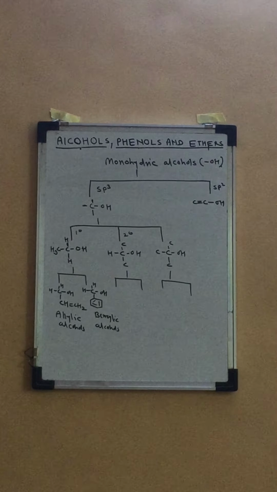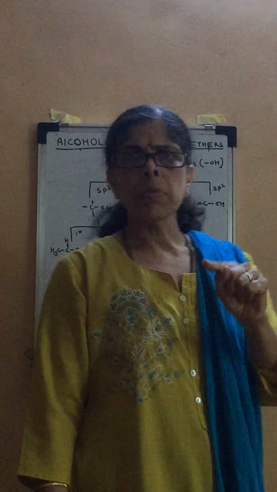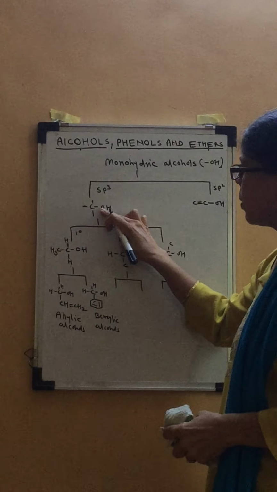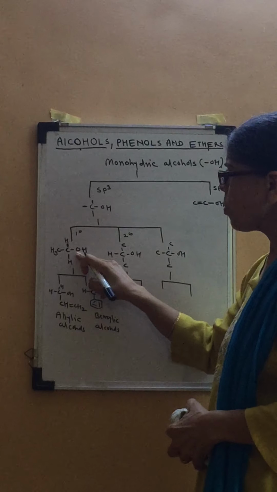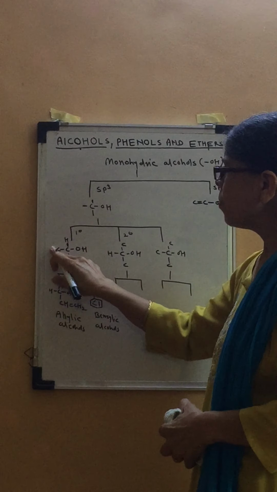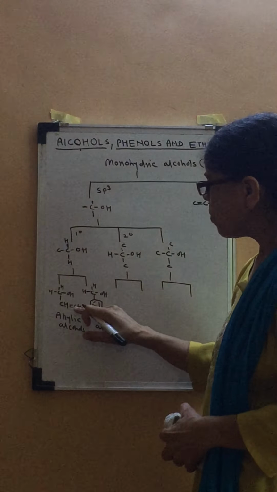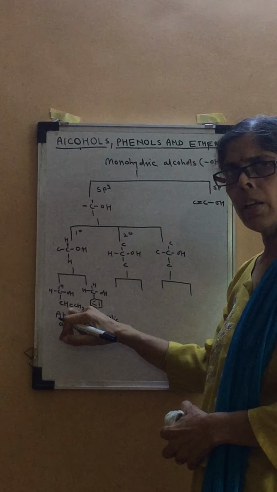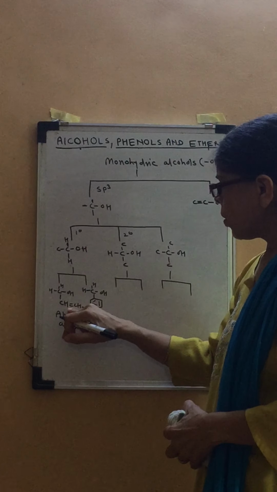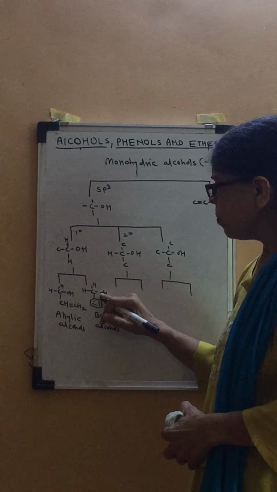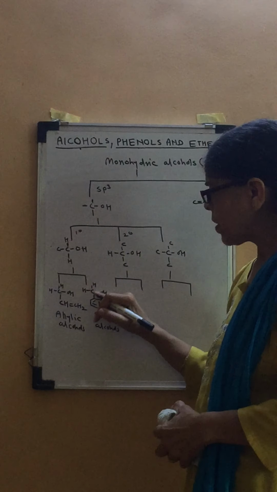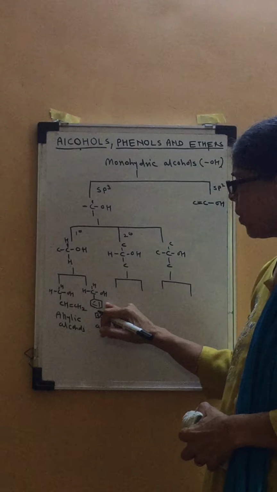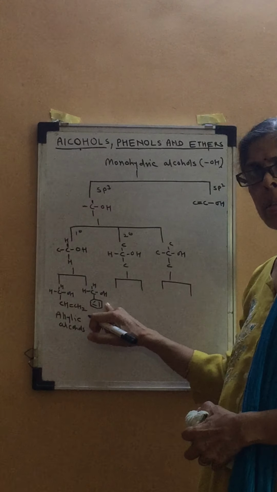See, the OH-carrying carbon atom is sp3 hybridized. It is primary in nature, bonded to only one other carbon atom, and if that carbon atom is part of an allylic system, allylic alcohols. If it is part of an aromatic ring, benzylic alcohols.